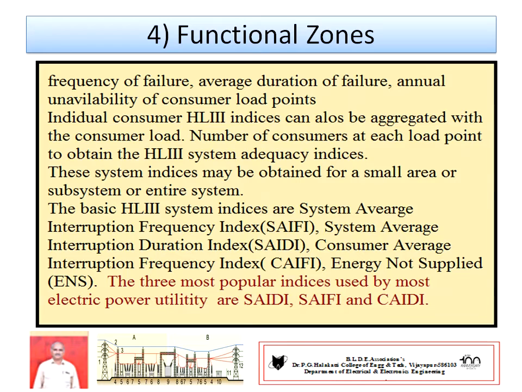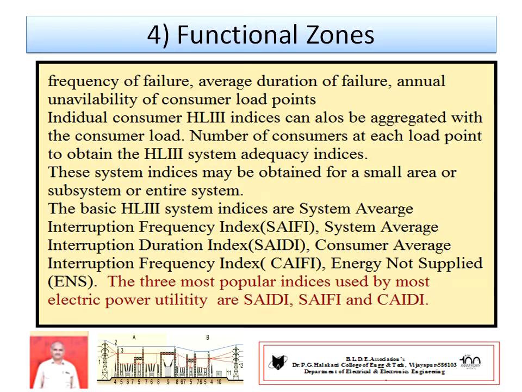The frequency of failure, average duration of failure, and annual unavailability of consumer load points are individual consumer HL3 indices, which can also be aggregated with the consumer load and the number of consumers at each load point to obtain HL3 system adequacy indices. These system indices may be obtained for a small area, a subsystem, or the entire system.